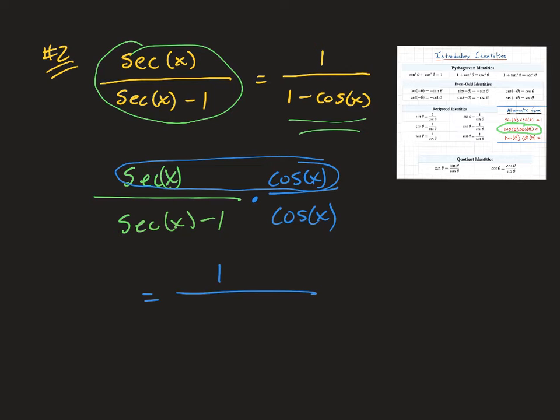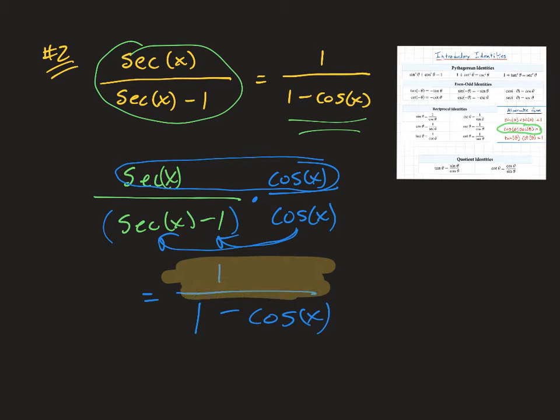And then when I distribute this, remember there's implied parentheses here, so I'm going to distribute the cosine of x down here. The cosine of x times the secant of x is also a 1, and then 1 times cosine of x is cosine of x. And lo and behold, I made it. I got what I was shooting for, which is this 1 over 1 minus cosine of x.